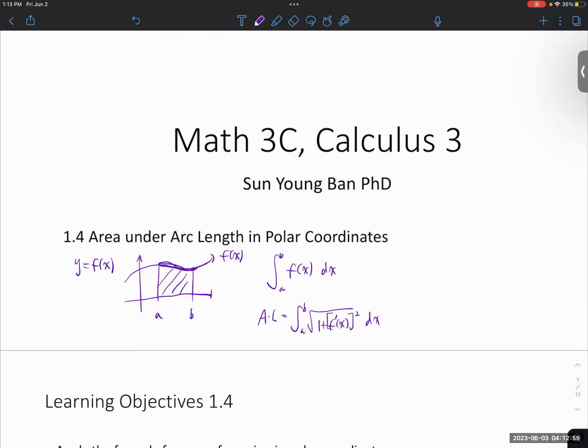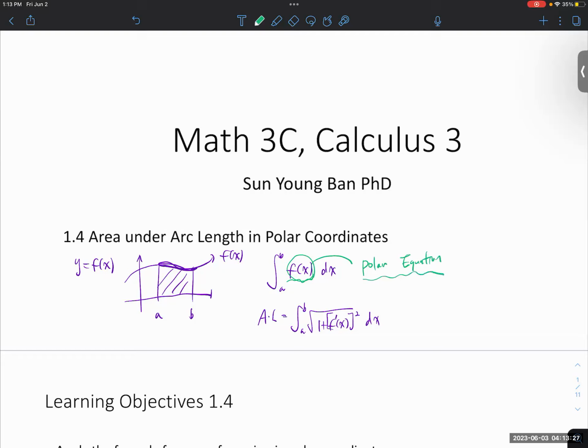What we are going to do in Calculus 3, we've been dealing with the rectangular coordinate system, and also the polar coordinate system, correct? So what if your function, instead of a regular linear, quadratic, or polynomial, is a polar coordinate equation?